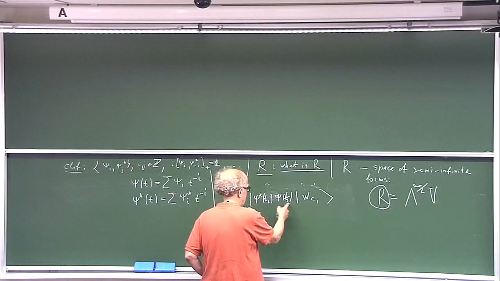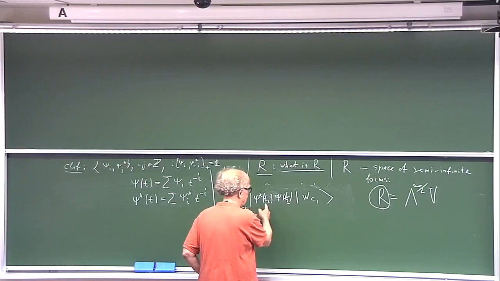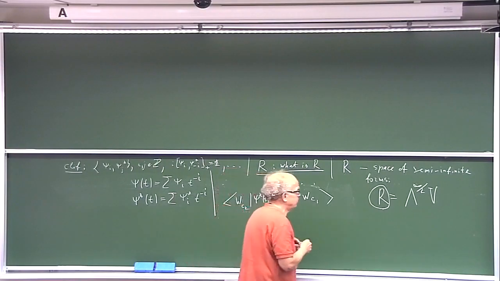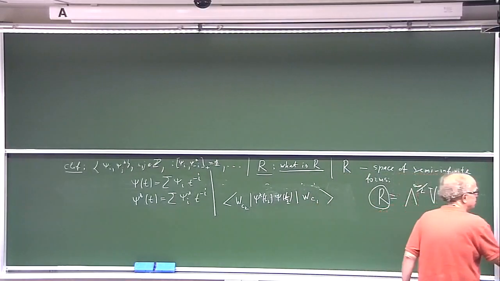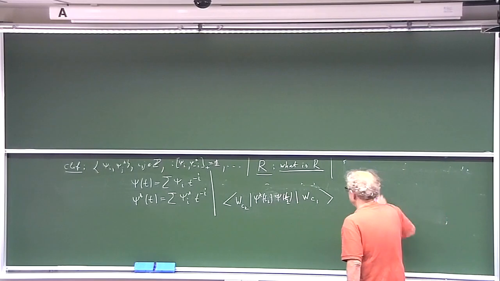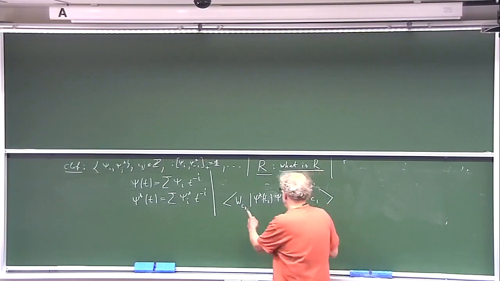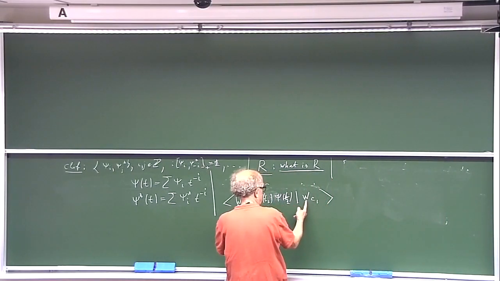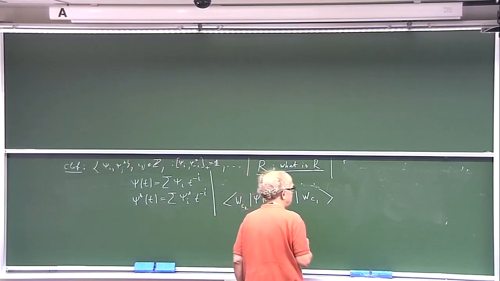I said that this is a rational function in t1 and t2, and we can very easily see that this is correct. In principle, it is not a big deal to calculate these things for arbitrary configurations. But let me do it in some example.